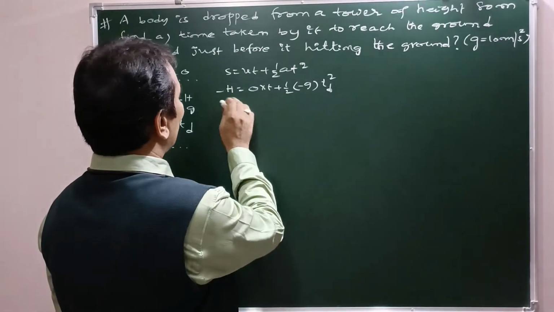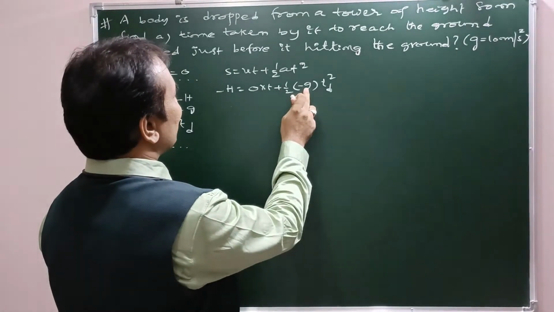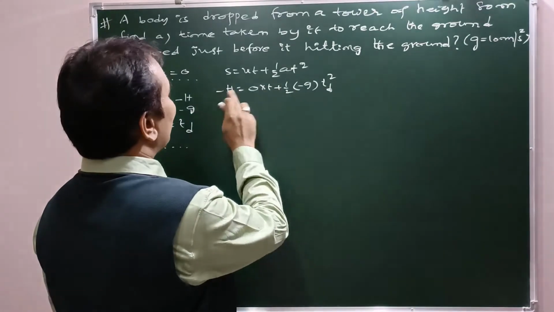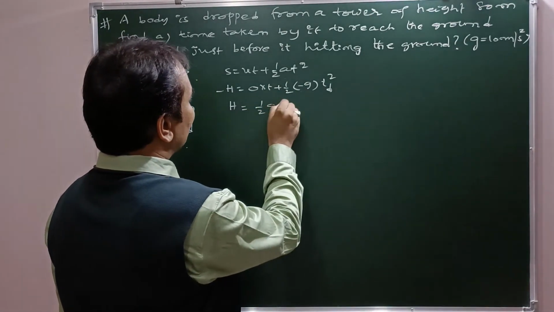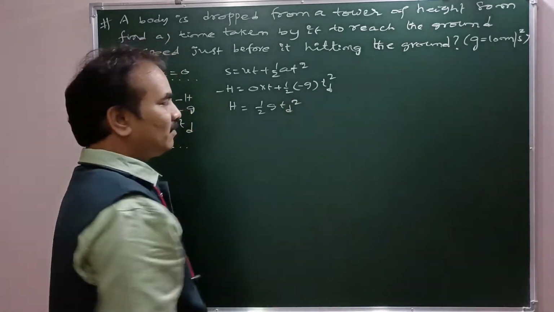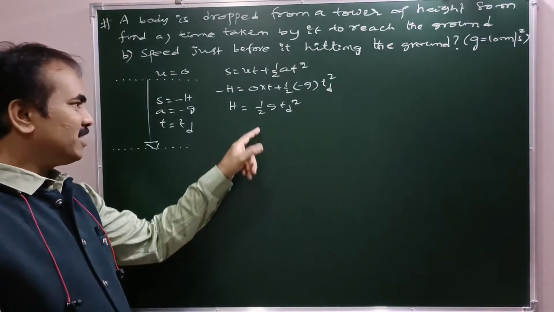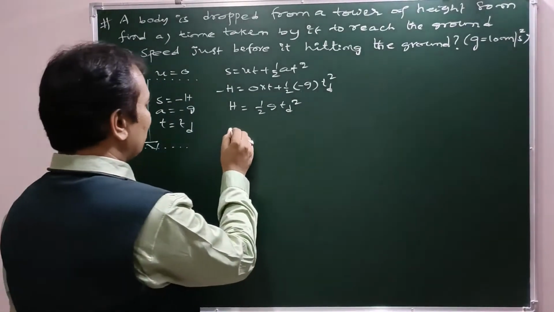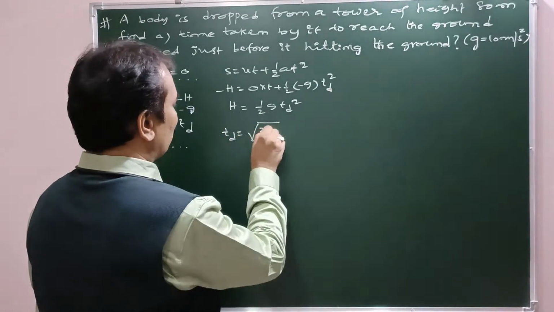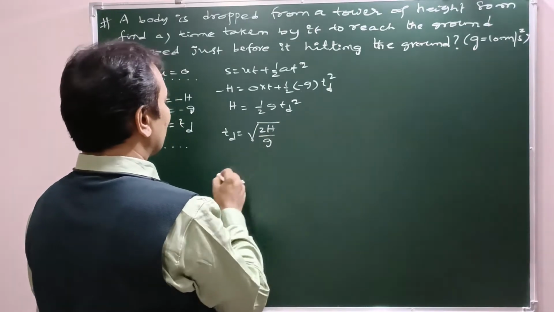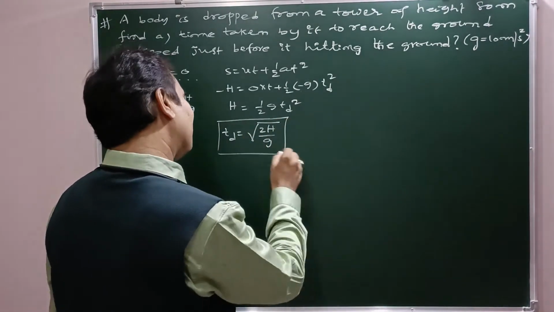That is minus h equal to minus half g td square, minus minus cancel, we are left with h equal to half g td square. Am I right? That is 2h by g equal to td square. Td equal to time of descent equal to root over 2h by g. Right? This is what time of descent.